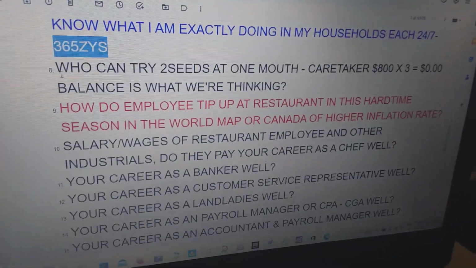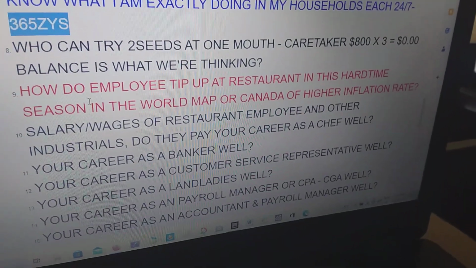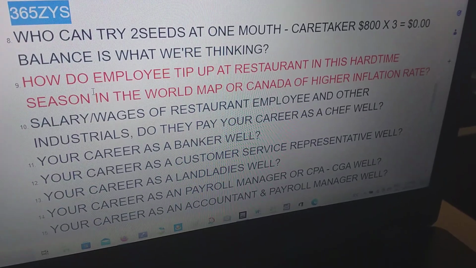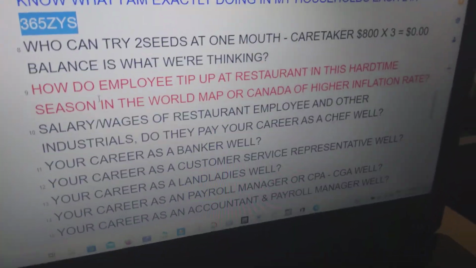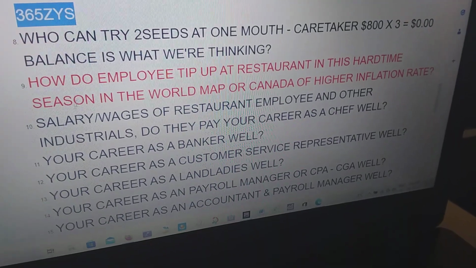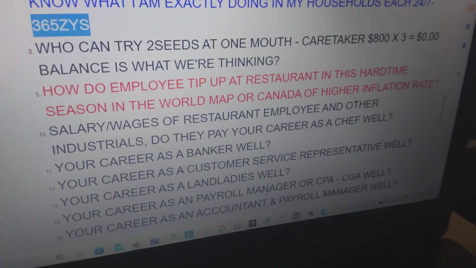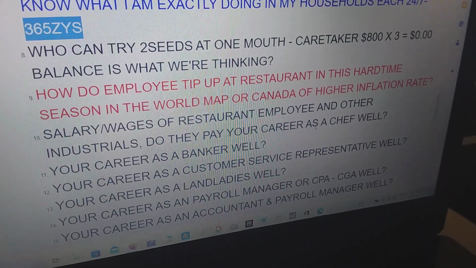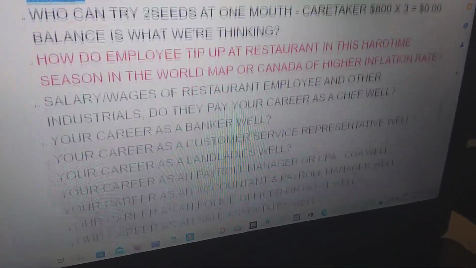So, how does employment tip up at restaurants in these hard-time seasons in the world map or Canada, with higher inflation rates? Here, salary and wages of restaurant employees or other industries: do they pay your career as a chef well? Your career as a banker well?